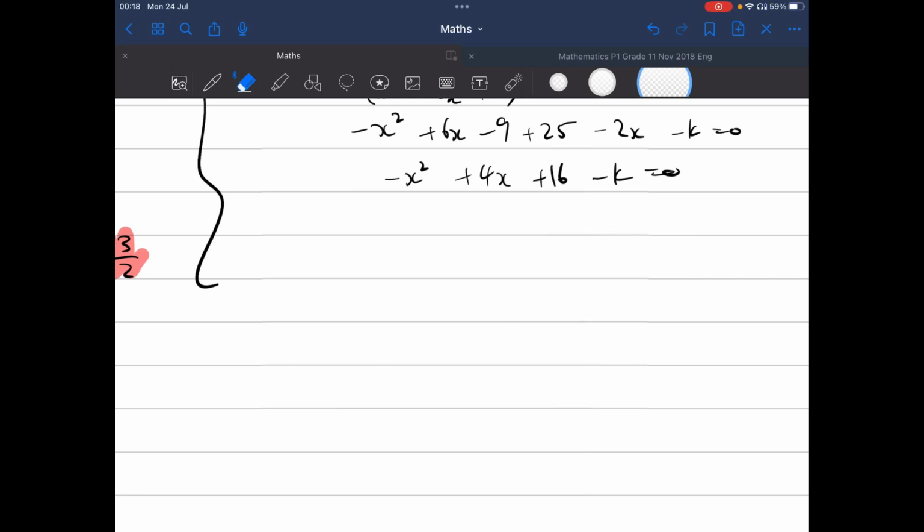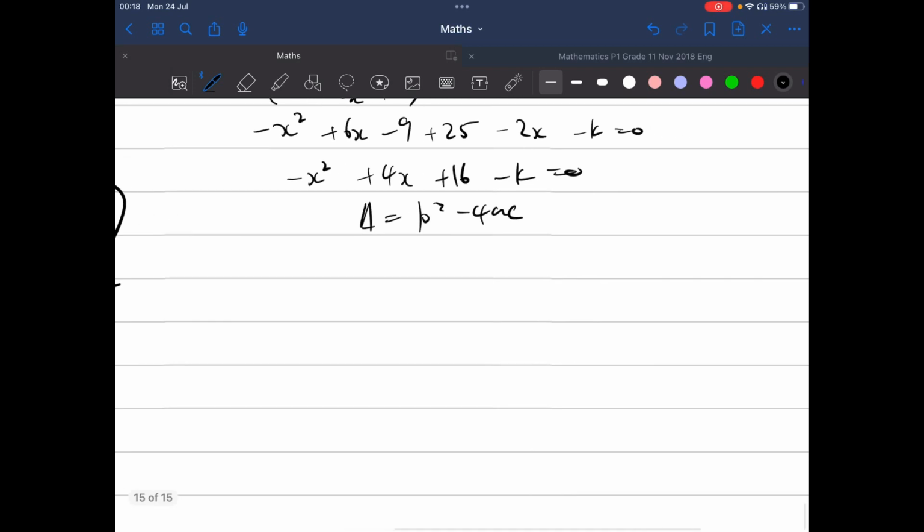So to get equal roots, we have to equate our discriminant to 0. Delta, b squared minus 4ac, is how you find the nature of the roots. If we equate this to 0, that's where we'll find the point where we have equal roots.